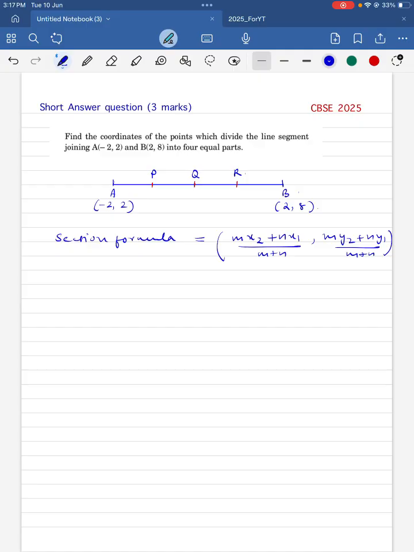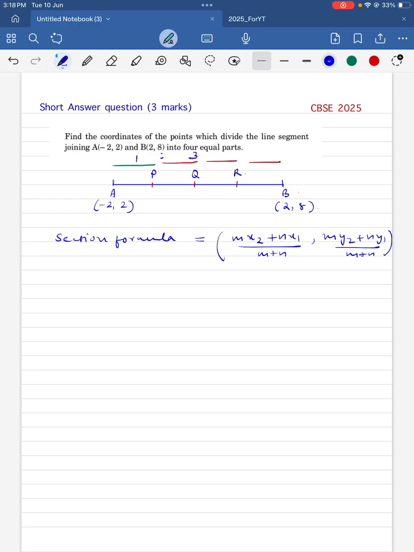First, how do we find the coordinates of the first point? We need to know in what ratio that point is dividing the entire line segment. Now, as you've noticed, it's dividing the line segment into 4 equal parts. Okay, so you have 1 part before P and 3 parts after P. Right, so the ratio will be 1:3 in this case.